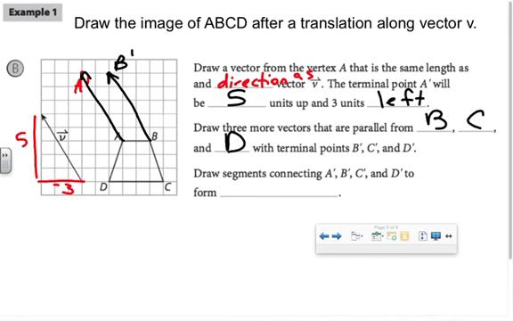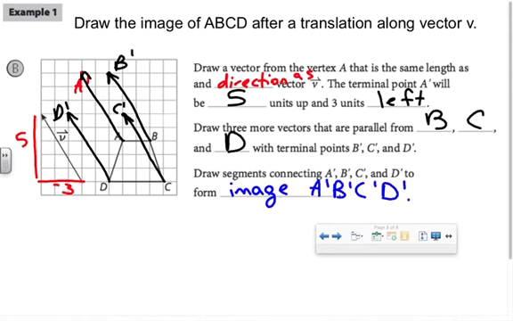From C and D. Draw segments connecting A prime, B prime, C prime, and D prime to form the image. So I'm just going to connect the dots.